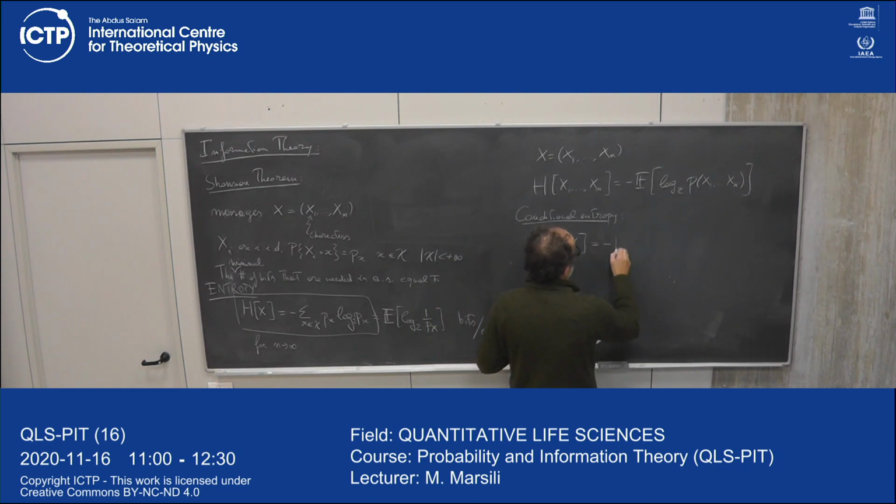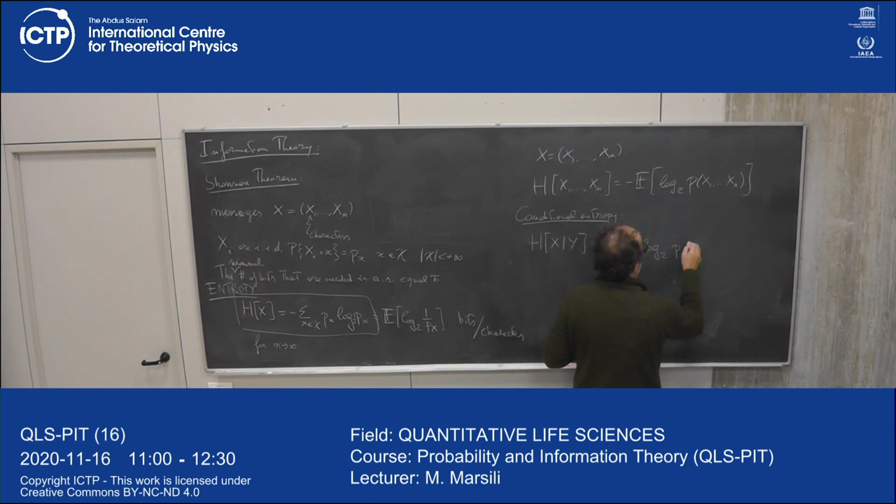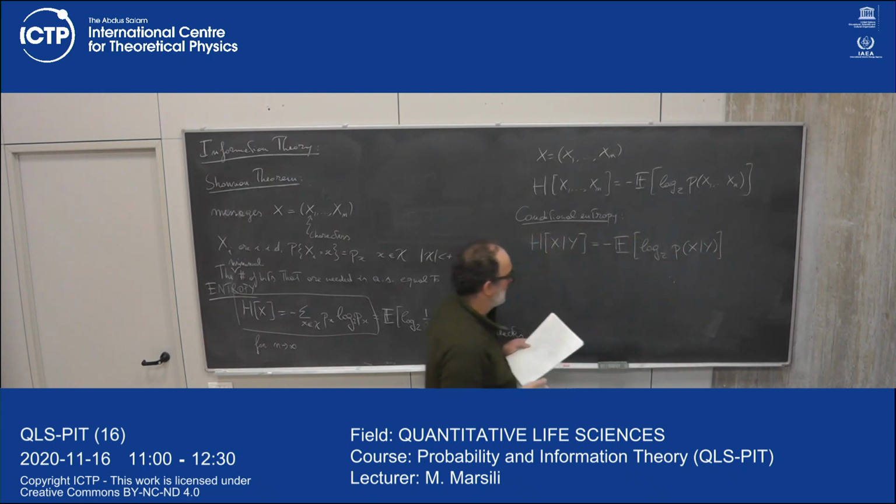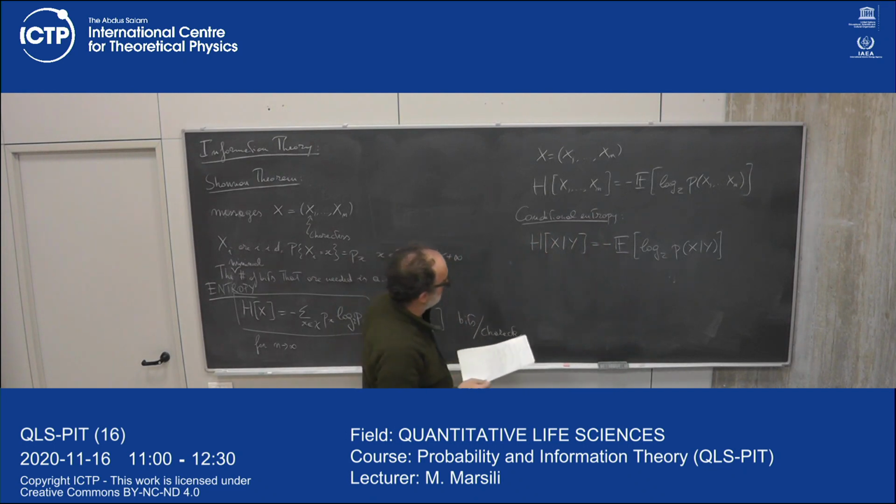This is just defined as minus the expected value of log 2 of the conditional distribution. So what is the meaning of this object?